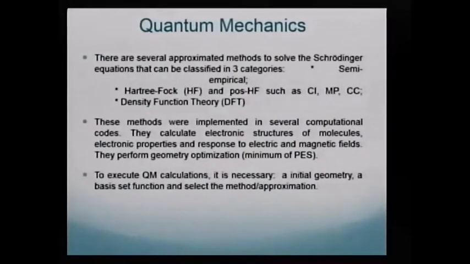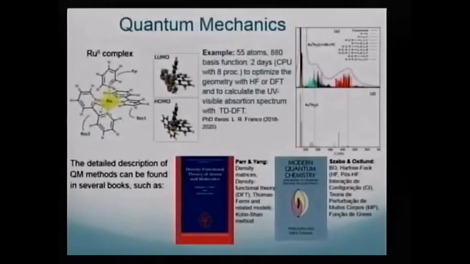So it means that we have only 3 decisions to make, the geometry, the basis set and the method, and then we can start our quantum calculations. But then I'm going to show some examples, these things that we can do with quantum mechanics.